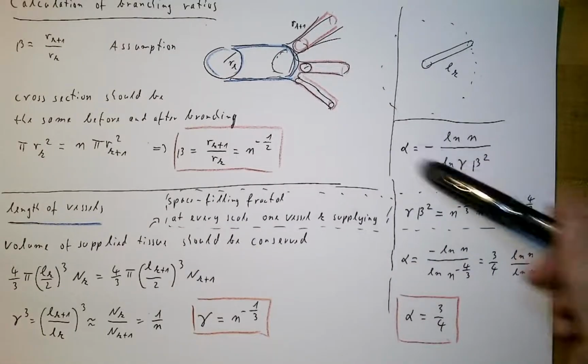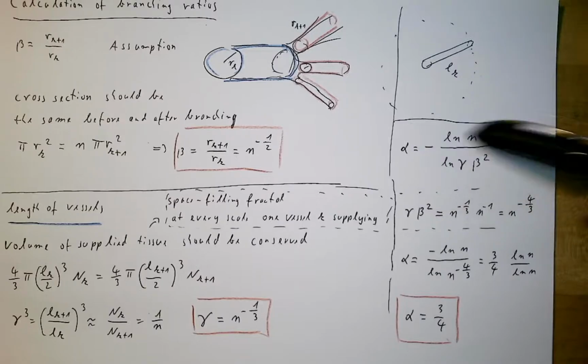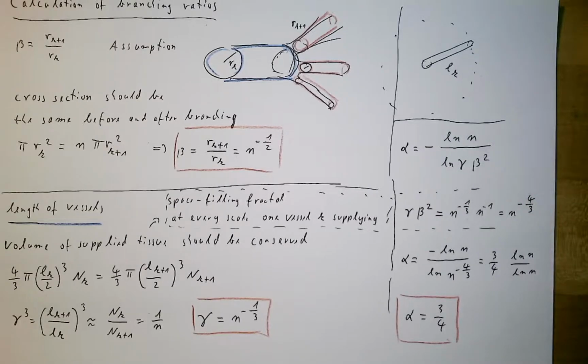When you look at this, it is very similar to how we calculated the self-similarity fractal dimension of our deterministic fractals. And so that's maybe a triumph of mathematical modeling in biology.